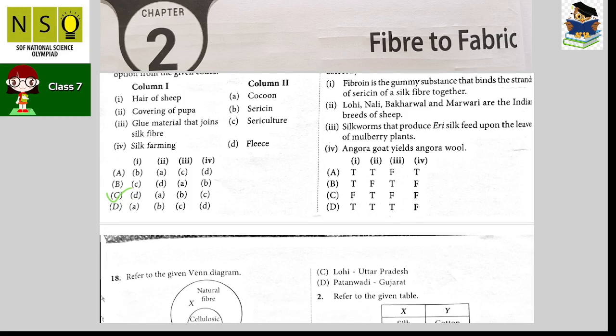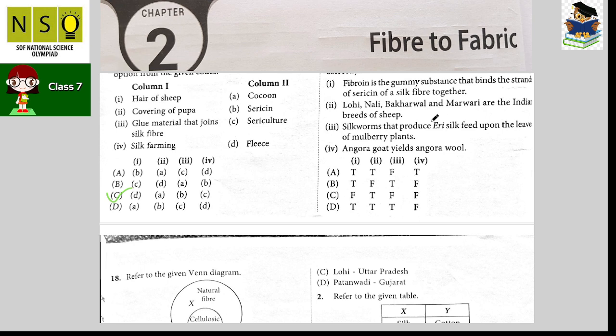Next, the 17th question. Statements are given, and we have to select the option that correctly identifies them as true and false. The first statement is: fibroin is the gummy substance that binds the strands of sericin of a silk fiber together. Second: Lohi, Nali, Bakharwal and Marwari are Indian breeds of sheep.